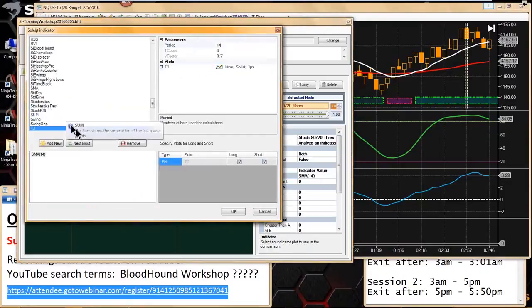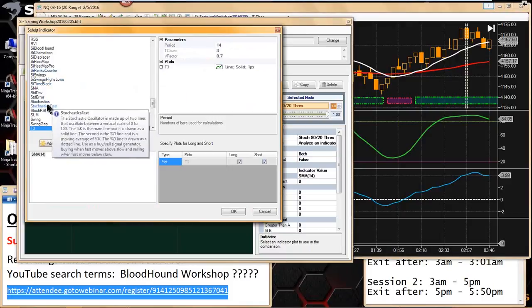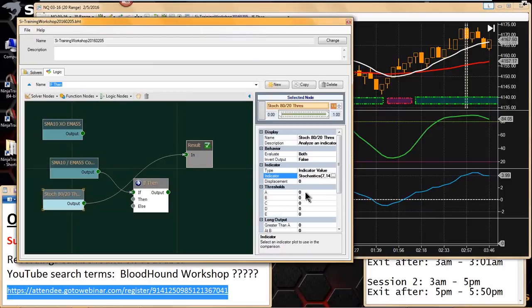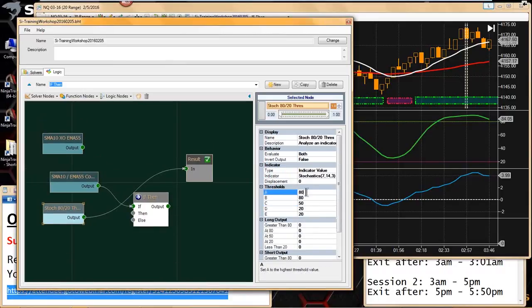I'm just going to throw this together real quick. One thing to note when you're using the stochastics with overbought and oversold levels and the threshold solver: you always want C to be some value in the middle, in between your overbought and oversold areas.